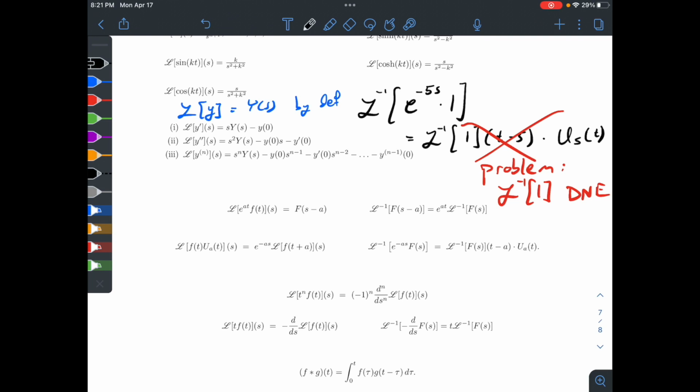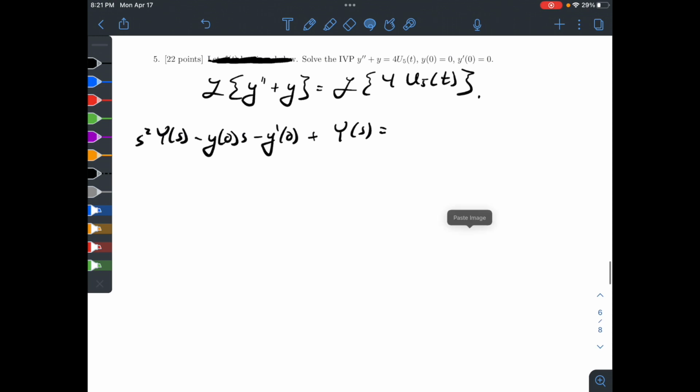So we have to use this formula over here. Let's bring that up here.